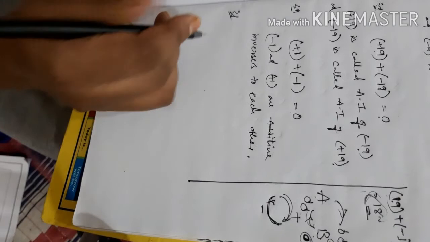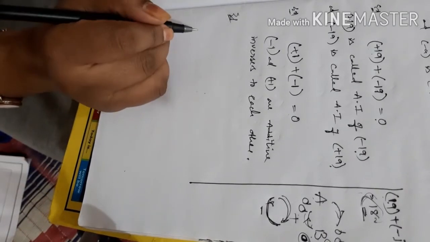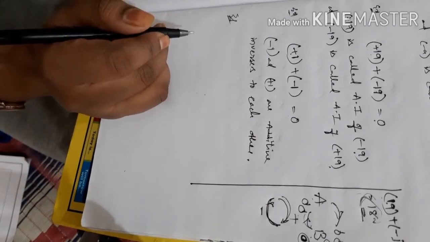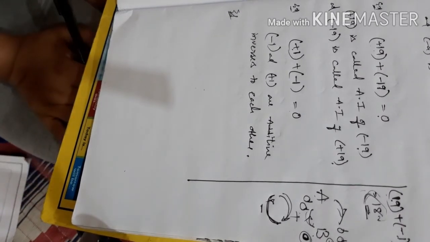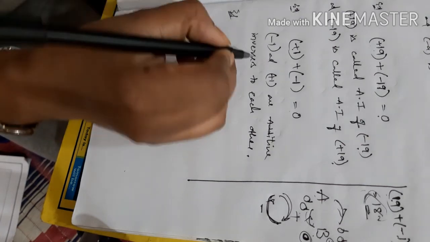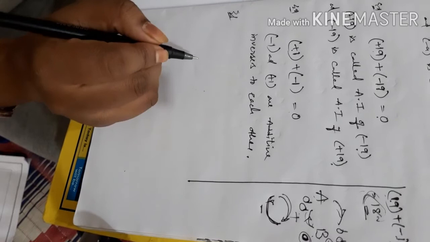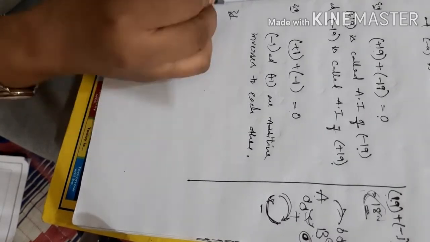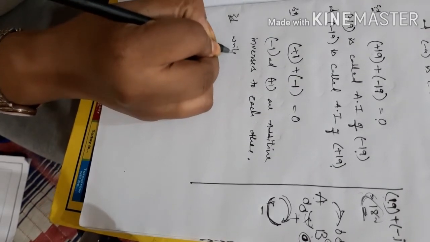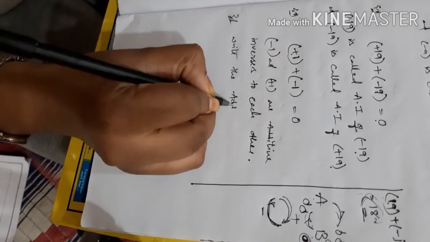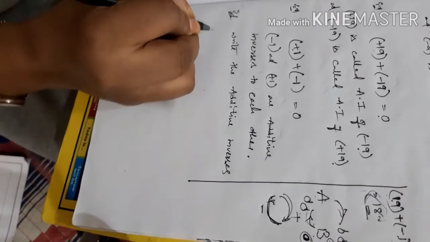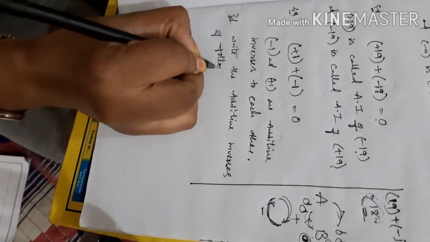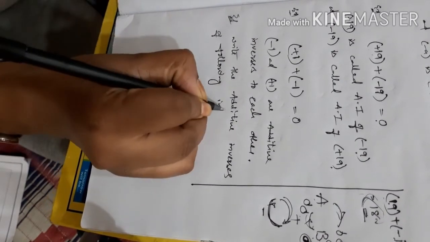Now let's see how this additive inverse helps us in solving questions. In many ways you can use this additive inverse property. When the situation comes, definitely I'm going to explain, but right now, how will the questions come under additive inverses? Write the additive inverses of the following integers.